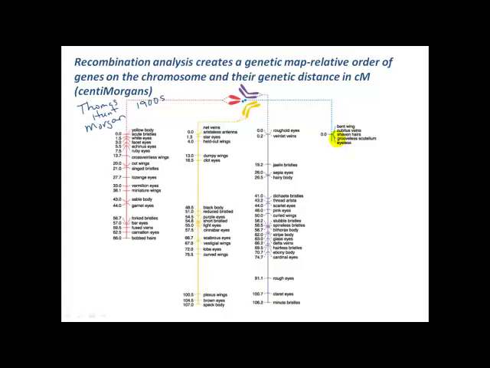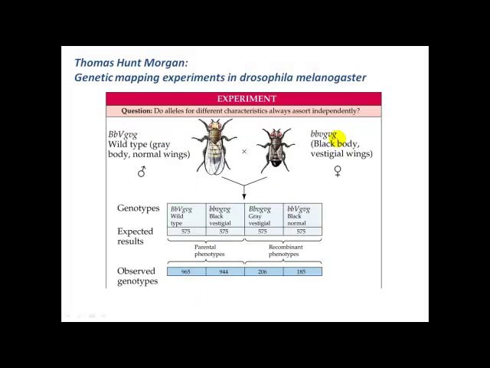So pretty incredible work that was carried out long before technologies were available to fine map genes on chromosomes. So let's look at the way that those experiments were done and how these genetic maps were created by Morgan's lab using Drosophila, or fruit flies.